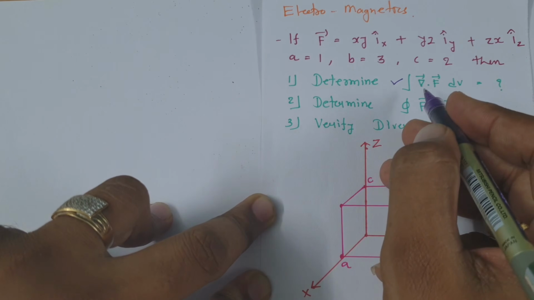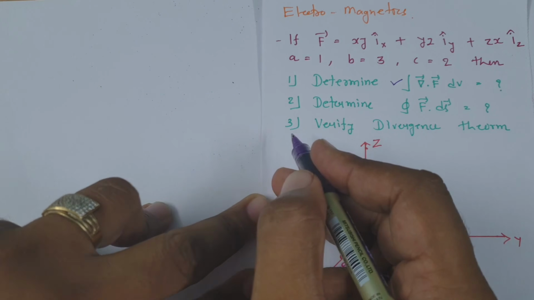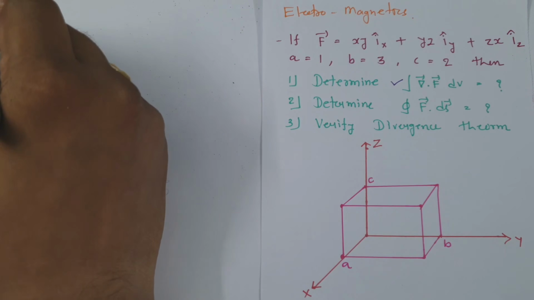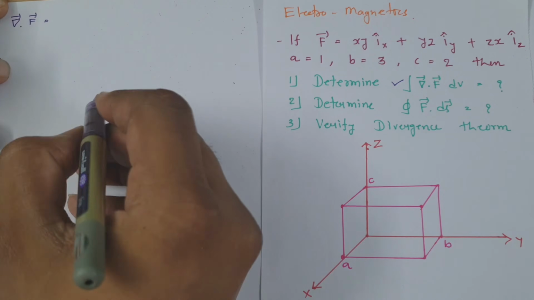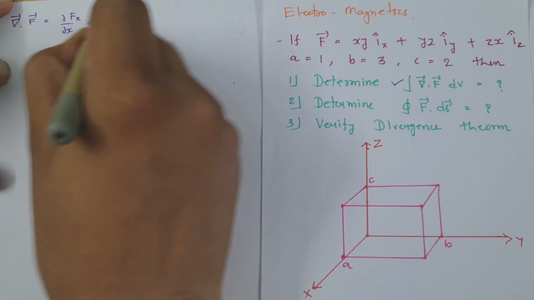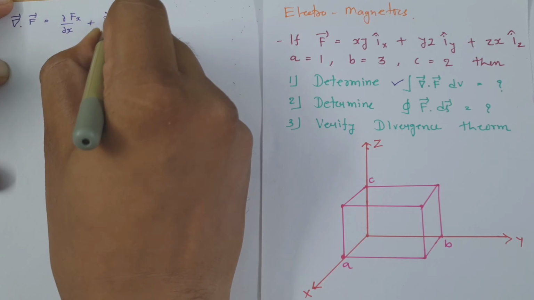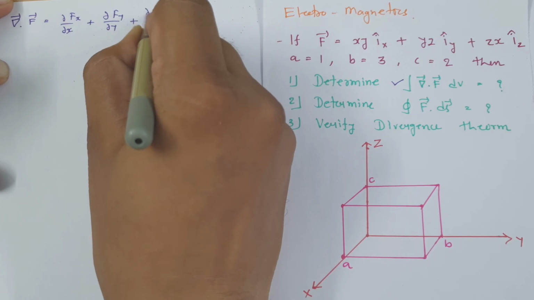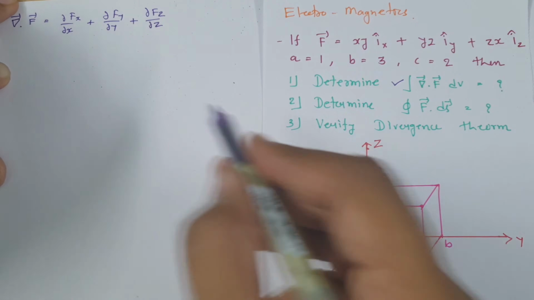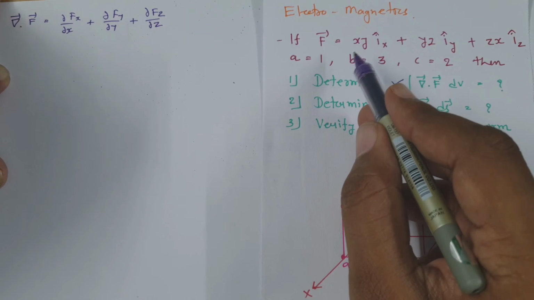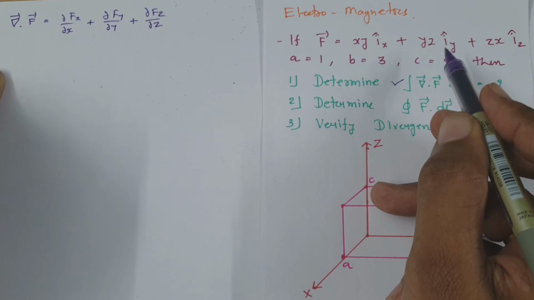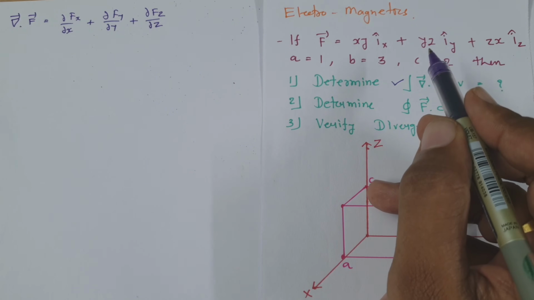First of all, we need to calculate the divergence of function F. Del dot F is del by del x of Fx plus del by del y of Fy plus del by del z of Fz, where Fx is the component of the function in the x direction, Fy in the y direction, and Fz in the z direction.